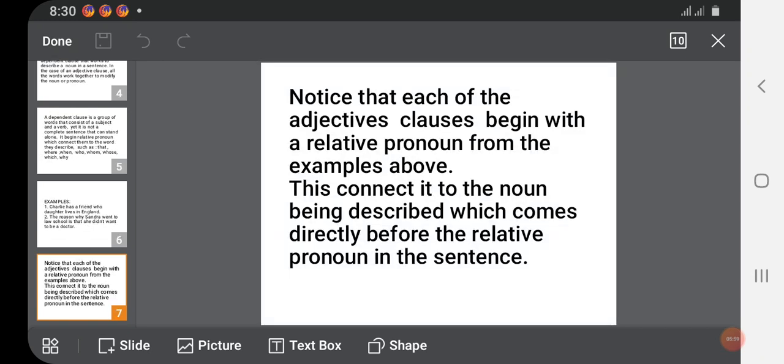Aside from that, I want you to notice that each adjectival clause begins with the relative pronoun that connects it to the noun that is being described. The function of a relative pronoun is to tell you about the noun that is being described in the sentence. That means the noun comes before the relative pronoun in that sentence.